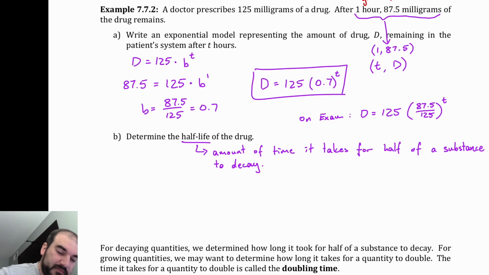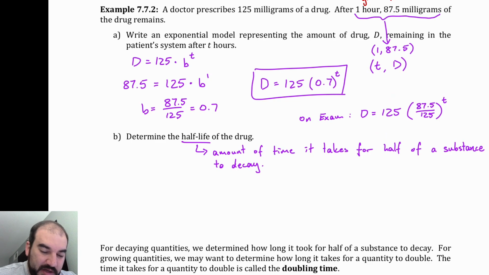Meaning, if I'm starting with 125 milligrams of a drug, then after one half-life has passed, there would be half of 125 milligrams left.